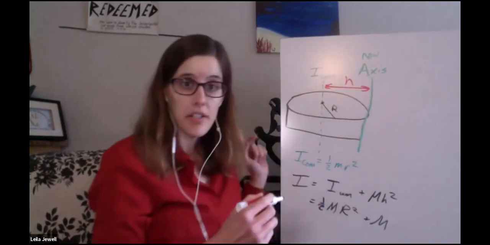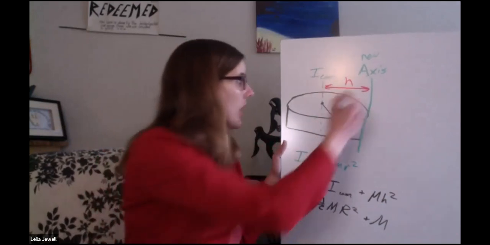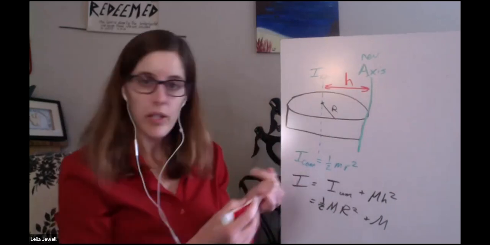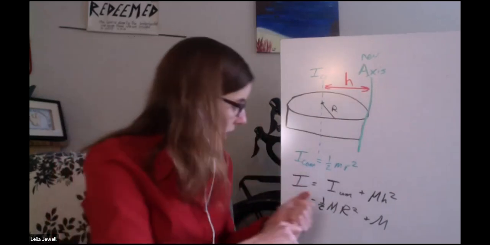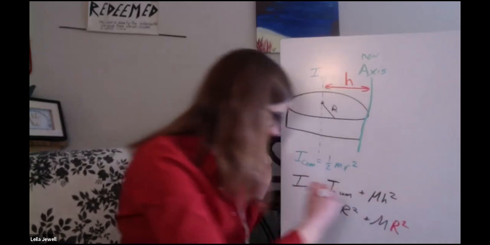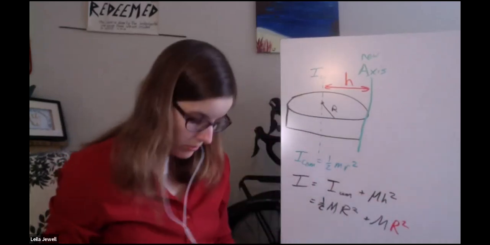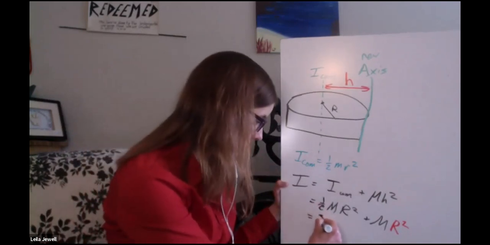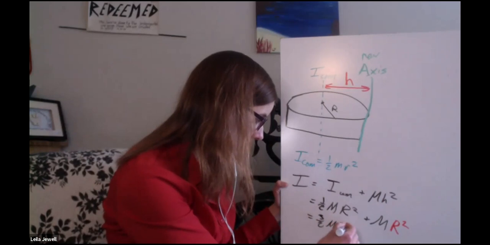In this case, conveniently, notice that's just the radius of the shape. So I can plug in a capital R, squared. So then we just have 1/2 MR squared plus MR squared. And so we get that our rotational inertia is 3/2 MR squared.